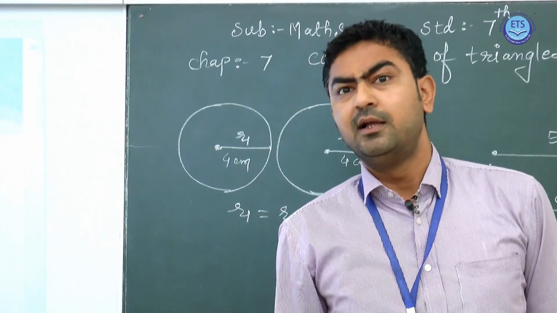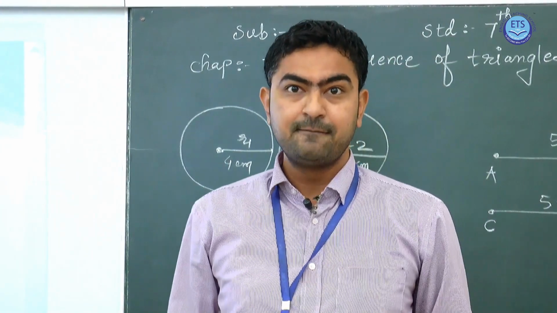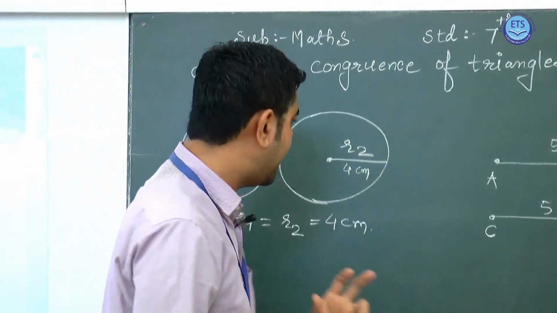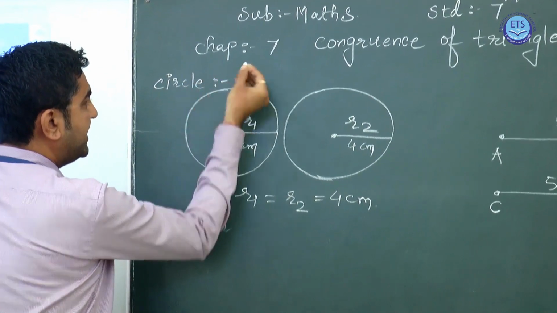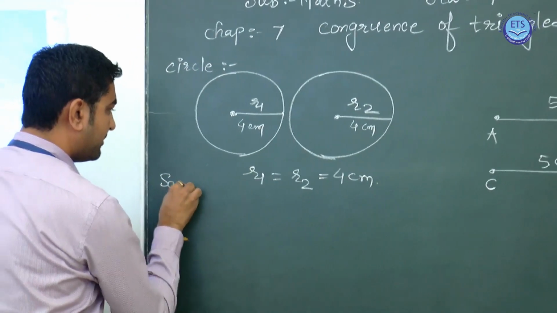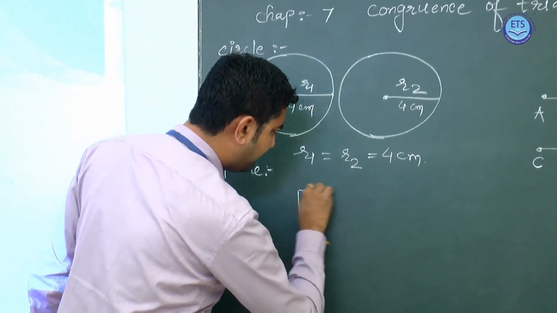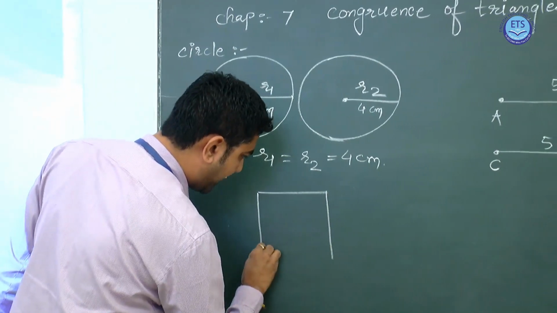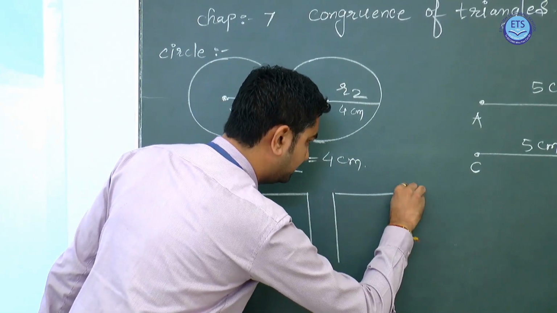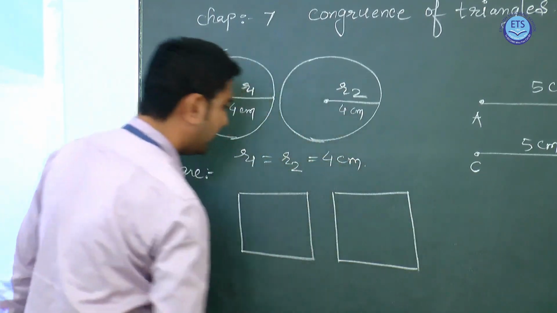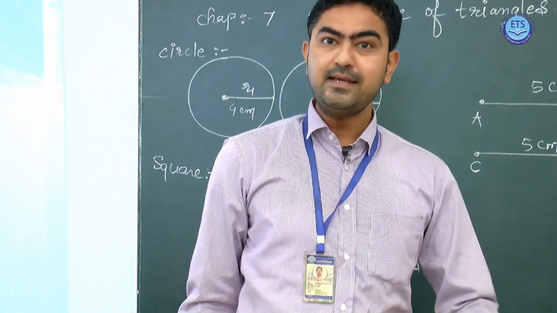Previously I told you that we are taking different elementary shapes in general mathematics. This is a circle. Now we are taking another shape, a square. Two squares are given here. This is your first square and this one is your second square. In these two squares, the sides of a square always have the same measure.